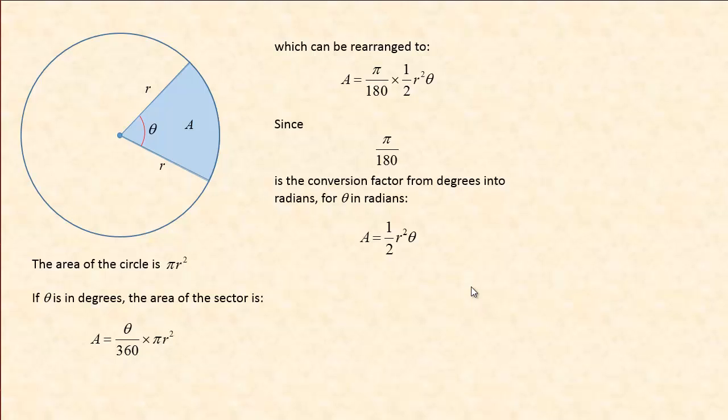Now what you notice with both the arc length and the area is that the formula is actually simpler if we're in radians, and that's because radians have this intrinsic link to circles and degrees are just some arbitrary unit.